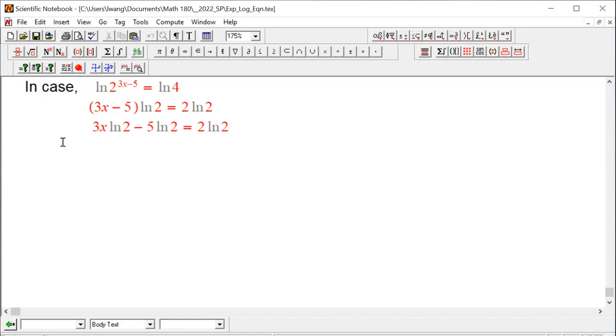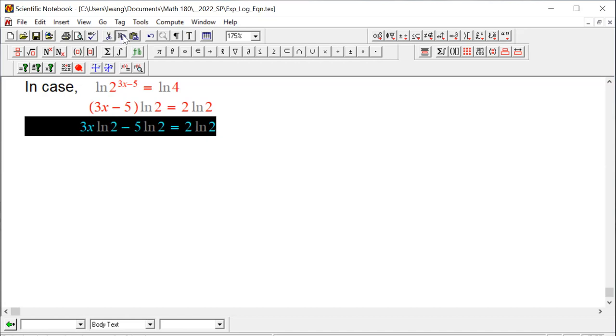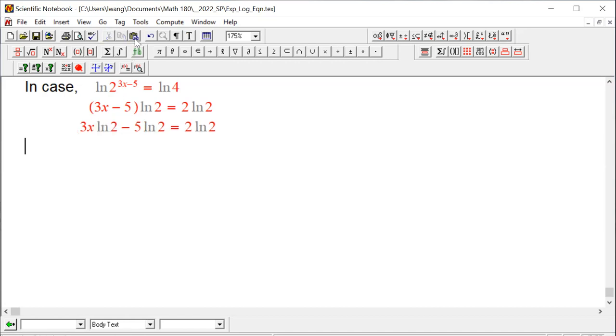If you choose to distribute, that's okay. That's not a problem. You just make sure you treat ln2 as one single number. And then after you've done that, you might notice that the ln2 terms are like terms. So you're going to add 5 times ln2 on both sides.